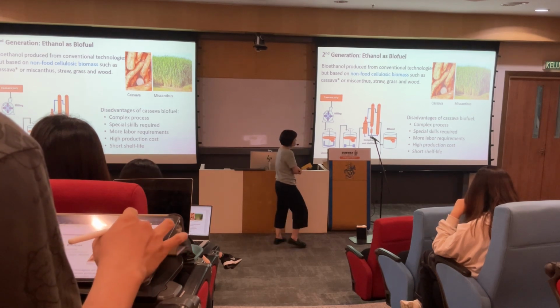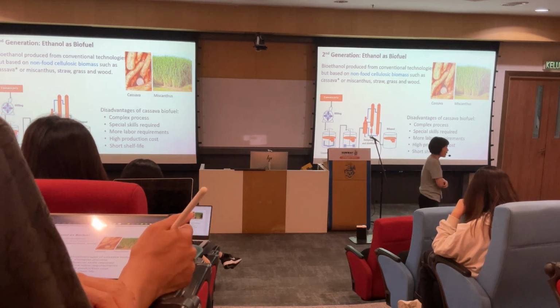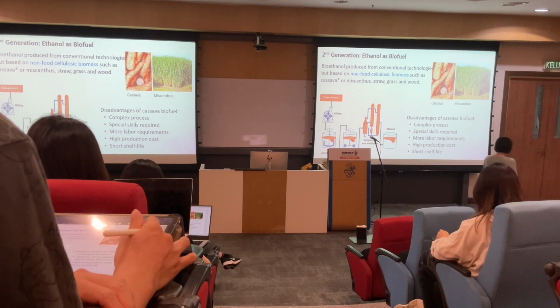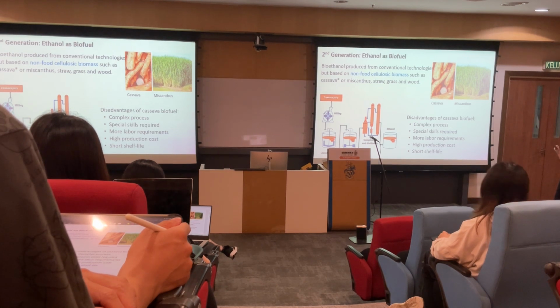Now, you come to the second generation. They are still using a similar process, a similar method, to produce the ethanol out of the feedstock. However, the feedstock they're using is no longer sugarcane or corn, because sugarcane or corn can be food for humans.